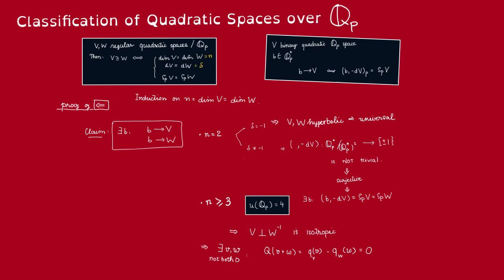This is when we use the previous lemma. To this end, we just need to show that there is some B such that this is equal to the Hasse symbol of V. Because if it's equal to that of V, it's going to be equal to that of W, since we assume that the Hasse symbols of V and W are the same. In other words, we just need to show that this map is surjective, because the Hasse symbol of V can just be 1 or minus 1.